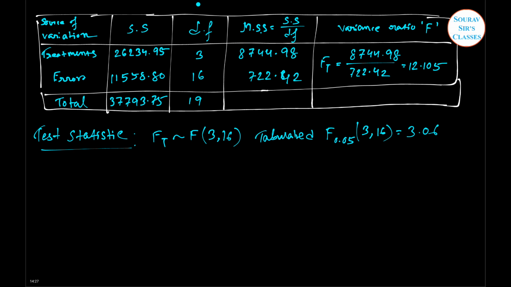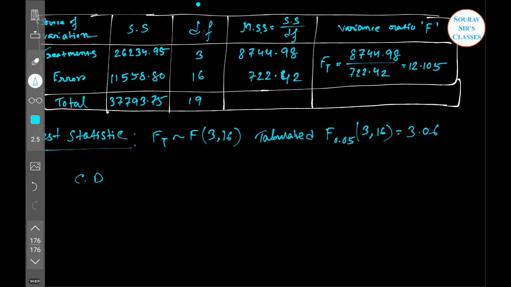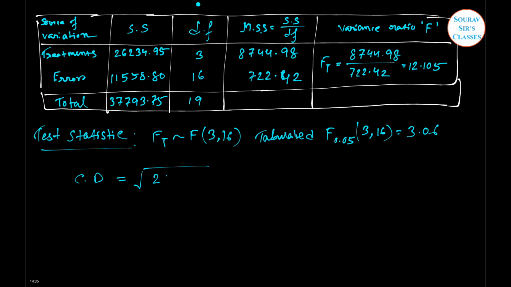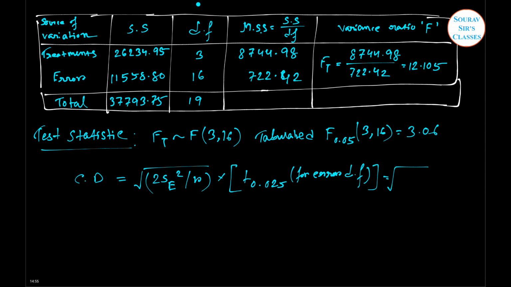CD of the difference between any two treatment means, Ci dot minus Cj dot, equals root over 2 MSE by r into t 0.025 for error DF, equals root over 2 MSE by r into t16, 0.025.